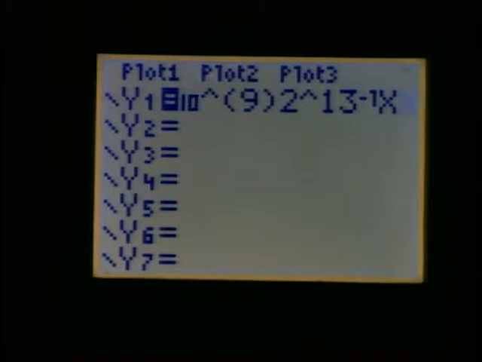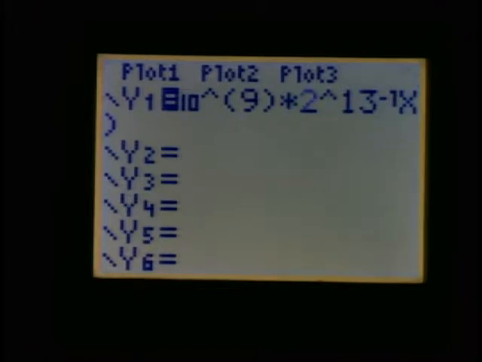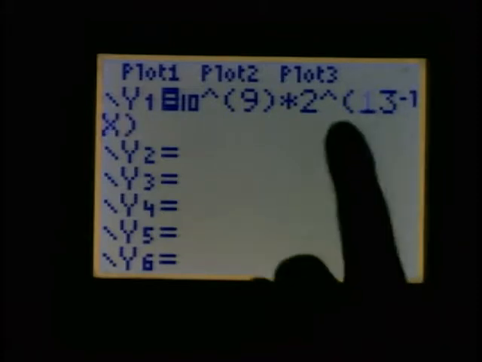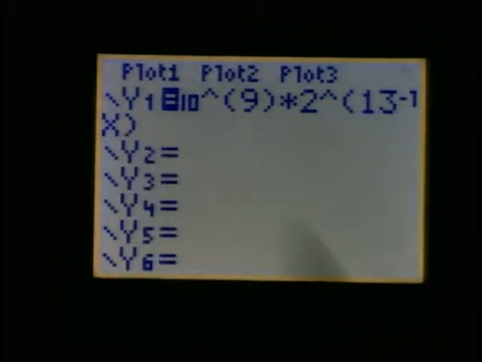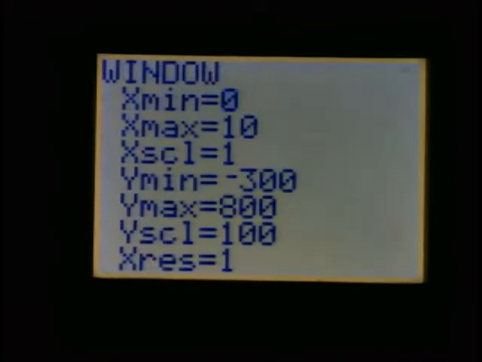I need to insert a parentheses up there in that exponent, folks. So watch this. Just to add clarity, I'm going to insert a multiplication symbol there. And right up here, I'm going to insert a parentheses to make sure that exponent on 2 stays 13's reciprocal times x.